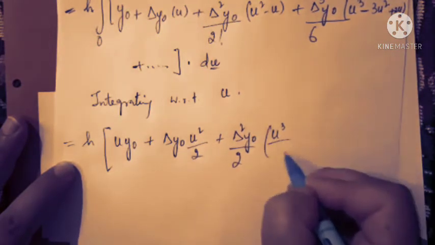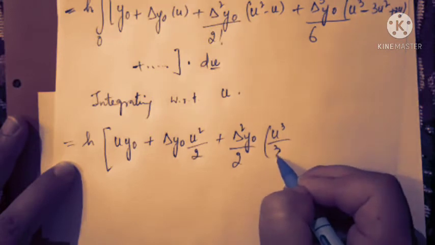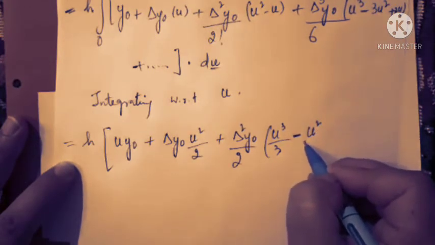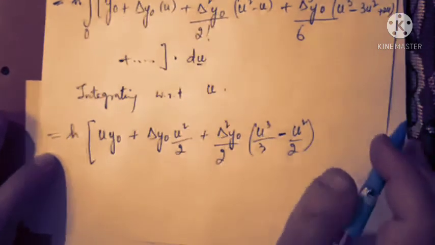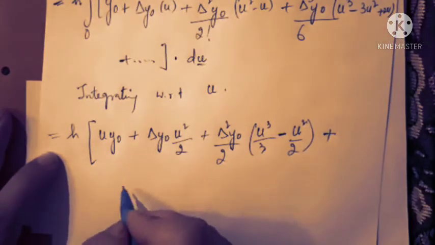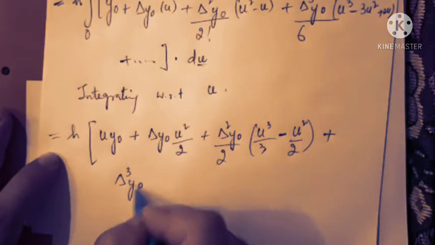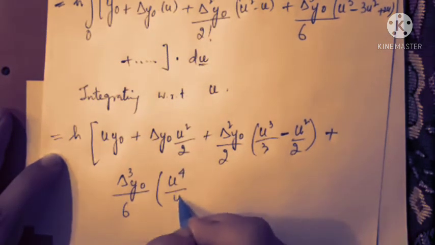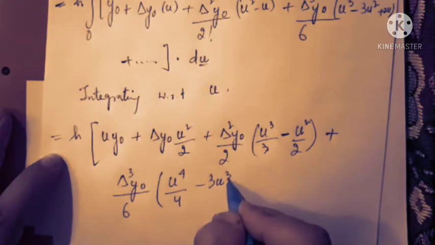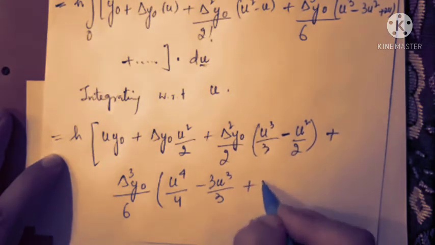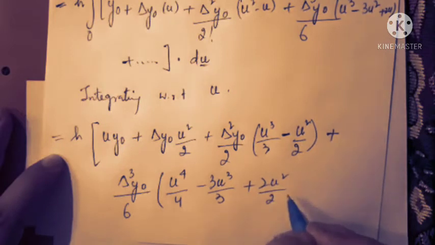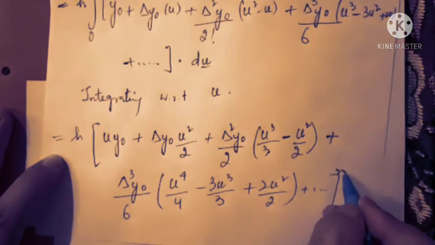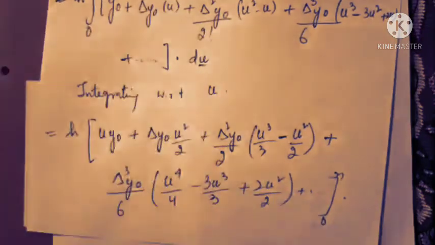This is u cube minus 3 divided by 3 minus u square, putting limits and all these things. So I am simplifying this. Delta cube y0 divided by 6, u4 divided by 4 minus 3u cube divided by 3 plus 2u square divided by 2, and so on from 0 to n. Now simplify all this.